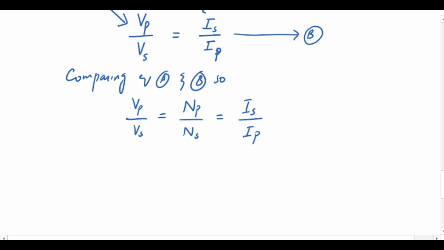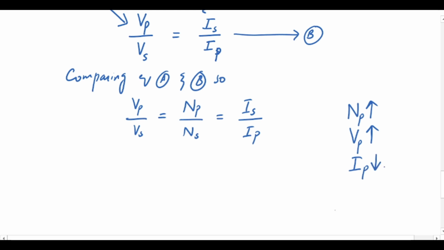So it means, for example, we just consider the primary. By increasing the number of turns in the primary, its EMF will also increase, but what will happen to the current? It will decrease, because with current there is an inverse relation. So if we increase the number of turns in the primary, the induced EMF in the primary also increases, but due to the inverse relation, the current in the primary will decrease.